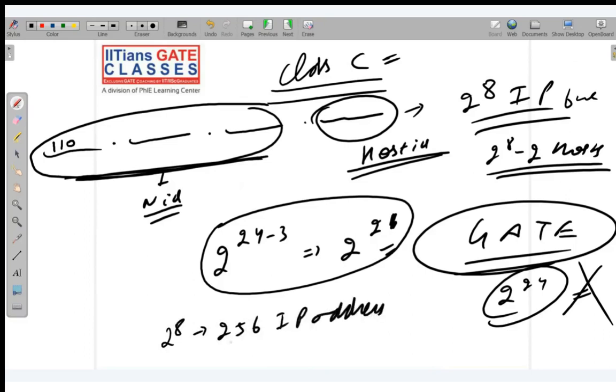But the hosts are 2 power 8 minus 2, that is 254 hosts.